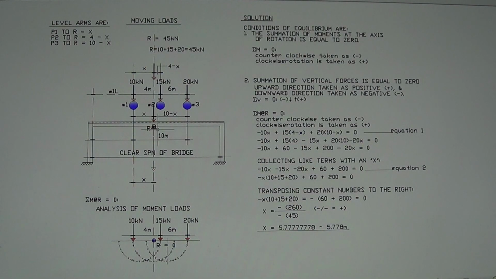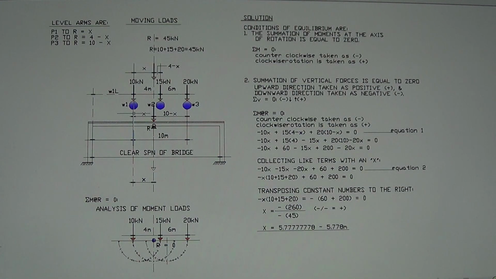When you take moment at R, all these forces will rotate around the axis of rotation. When you take moment at R, that is the axis of rotation, and all these forces here, the 10, 15, and 20 kilonewton, will rotate around that point.